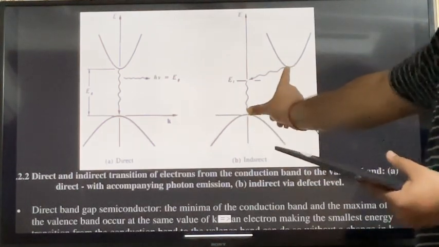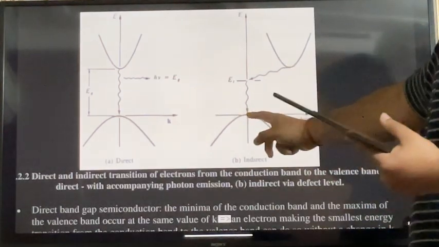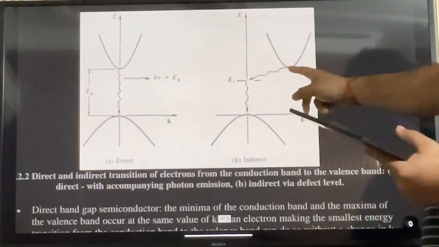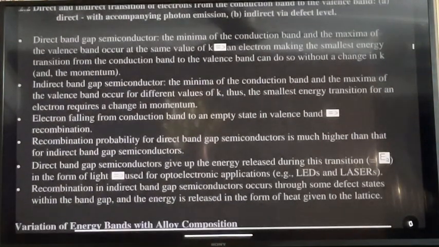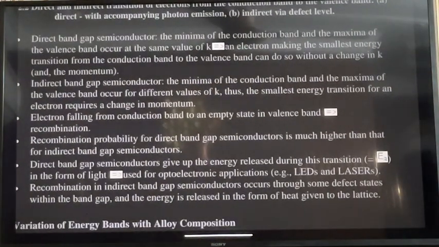Once again, the shortest distance is between the maximum of the valence band and the minimum of the conduction band. Why we are taking into consideration these maxima and minima is another story which we won't get into. It is beyond the scope of what we are learning.